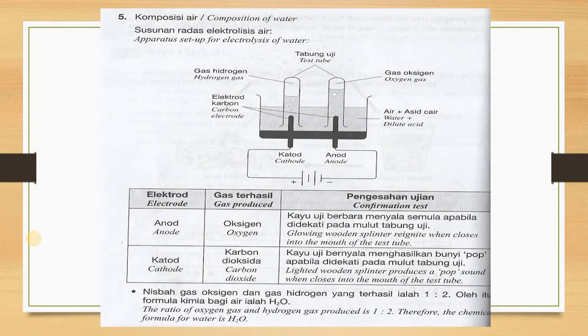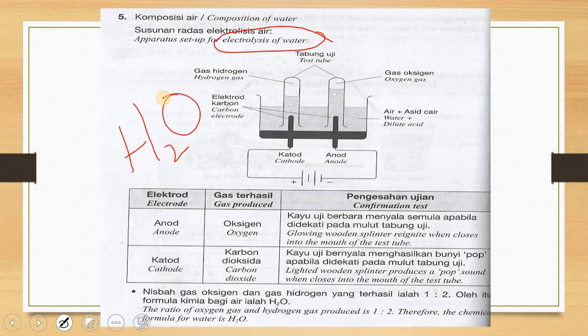To know the composition of water, we have electrolysis of water. This electrolysis will separate the molecule of water, and from this we know that inside of water we have H2O.